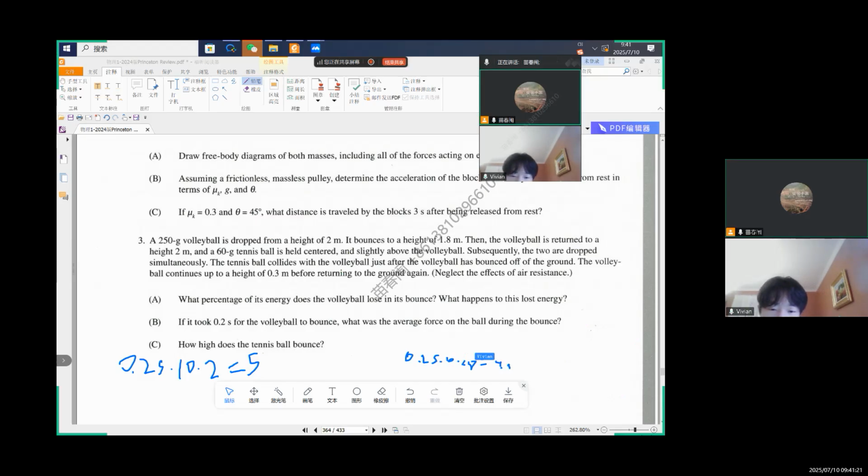So you lose 0.5 over 5, which is the percentage. So 10%. And then that 10% loss becomes heat, turned into heat.